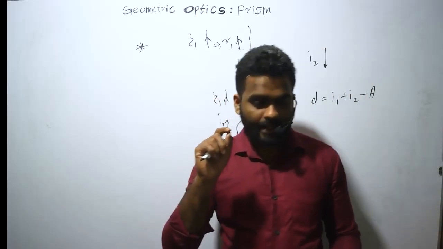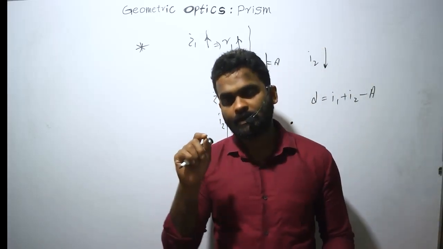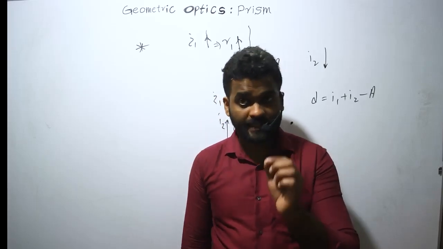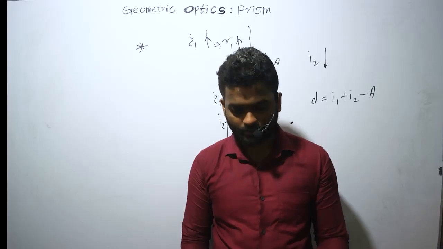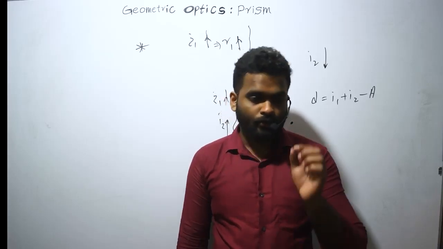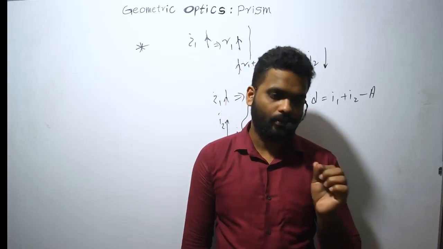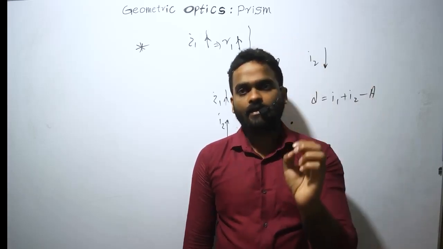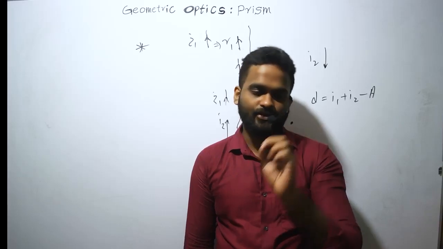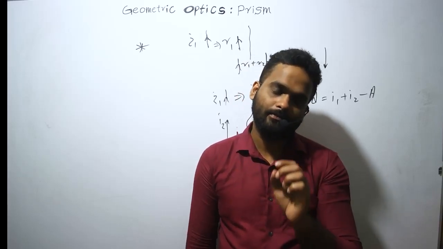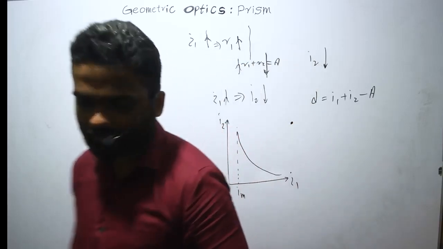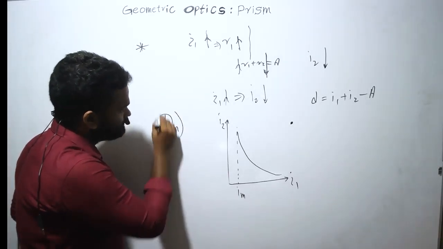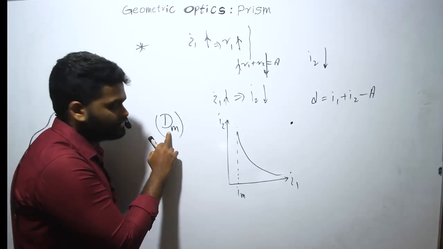simple d reaches a minimum value, which is called the angle of minimum deviation, within brackets dm.